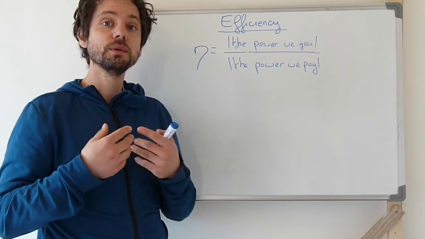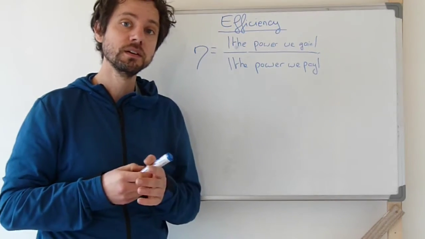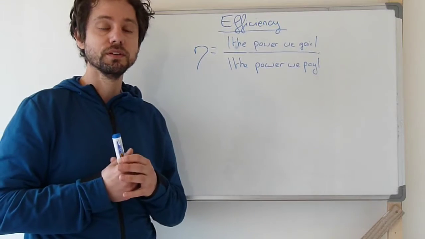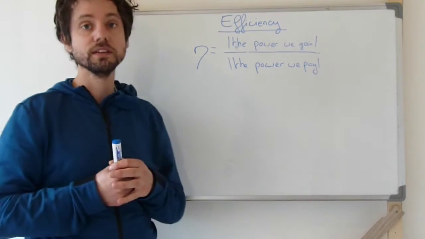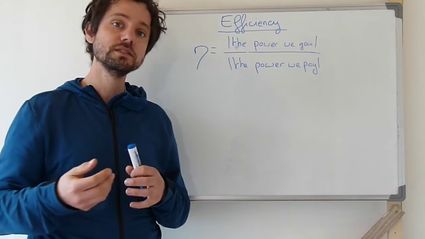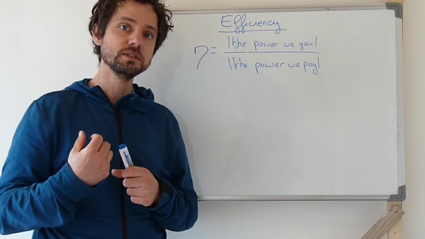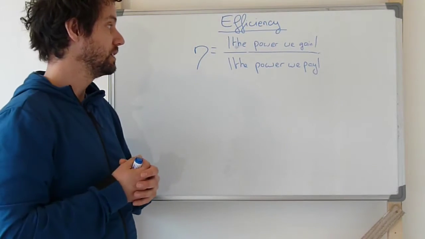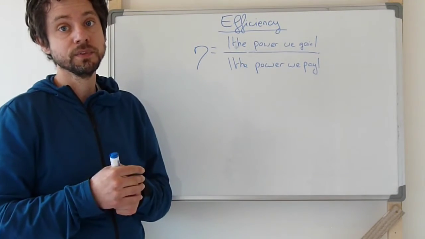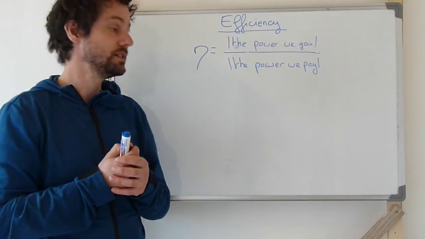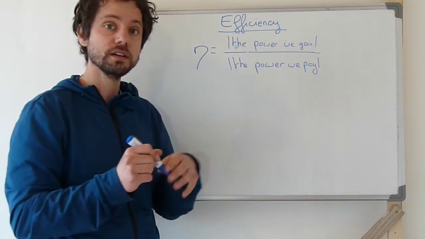The purpose is always a heat transfer, but either the goal is to heat up the hot source, in which case we call it a heat pump, or it's to remove heat from the cold source, in which case it's called a refrigeration machine. In each of these two cases, the efficiency will be defined differently.